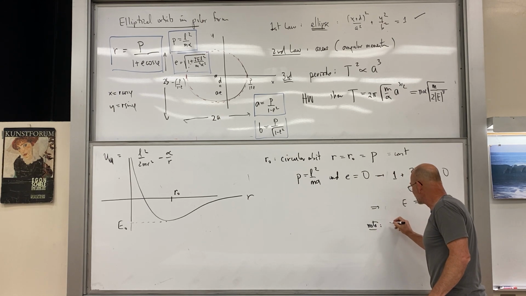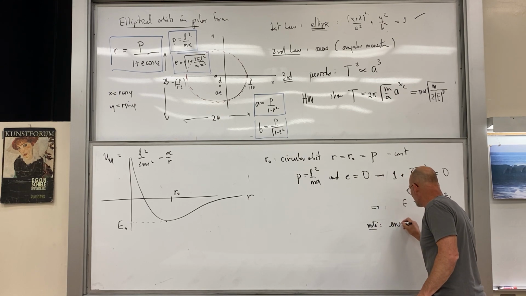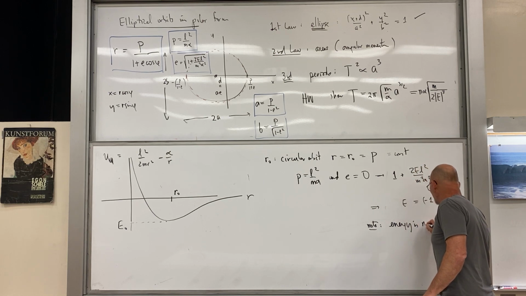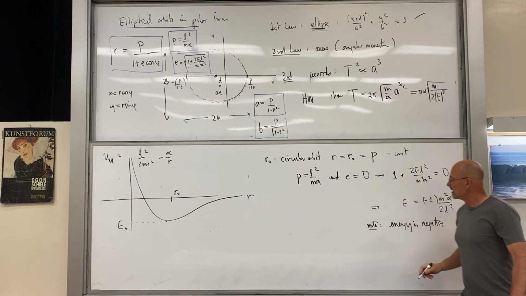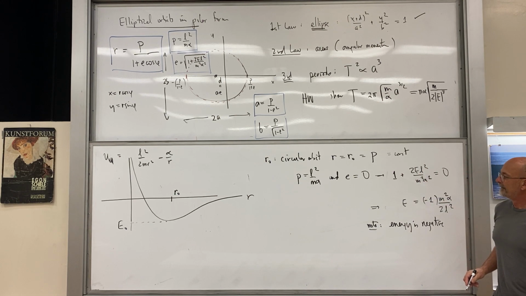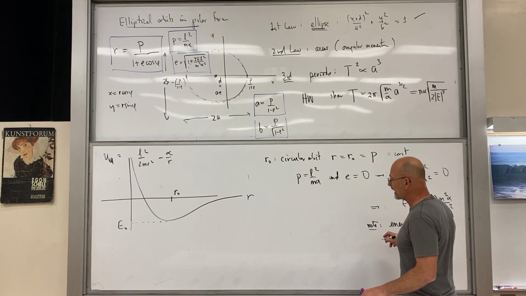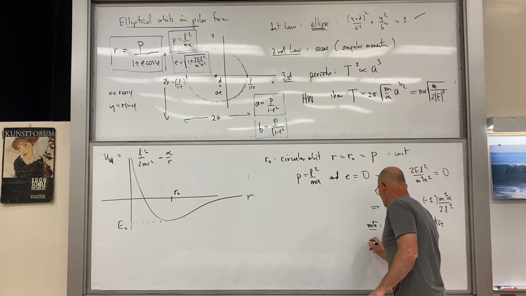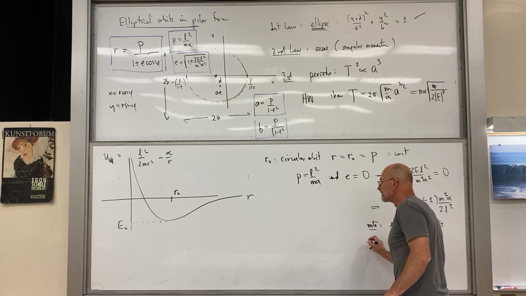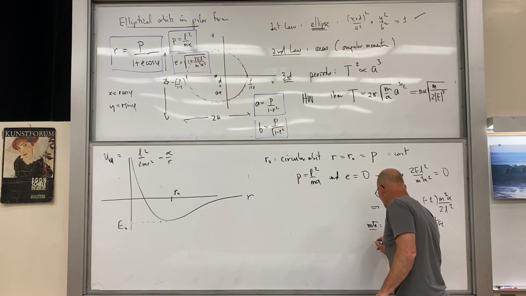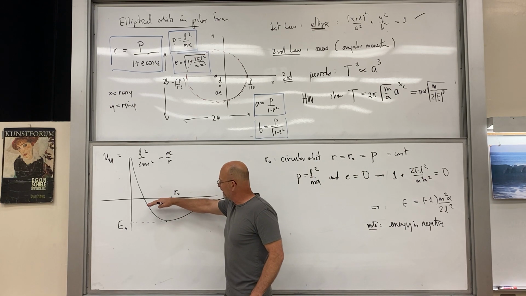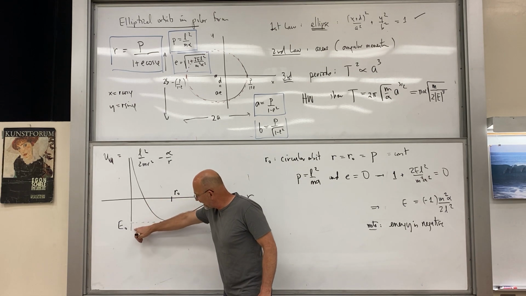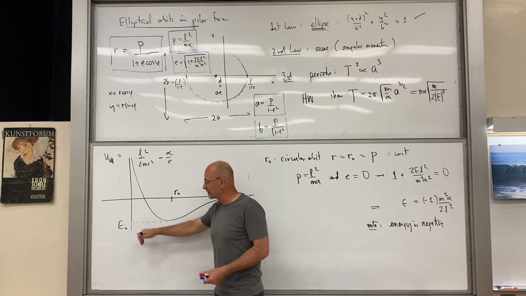Okay. Important note: for bounded curves, the energy is negative. We could say E is less than 0, but E is between E sub 0, which is a negative number, and 0.